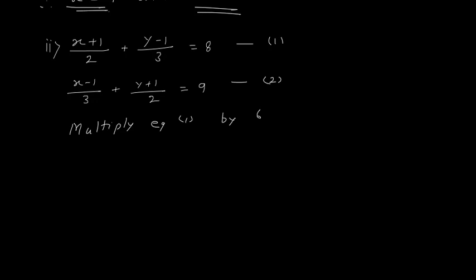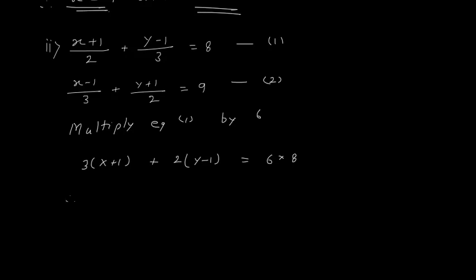So here when you multiply this by 6, you get 3 times x plus 1. In short I am doing this, you know how to do calculations in detail, we have done it in the previous problem. Now 3 2s are 6, so here I have 2 into y minus 1 is equal to, here I have 6 into 8. So each term I have multiplied by 6.